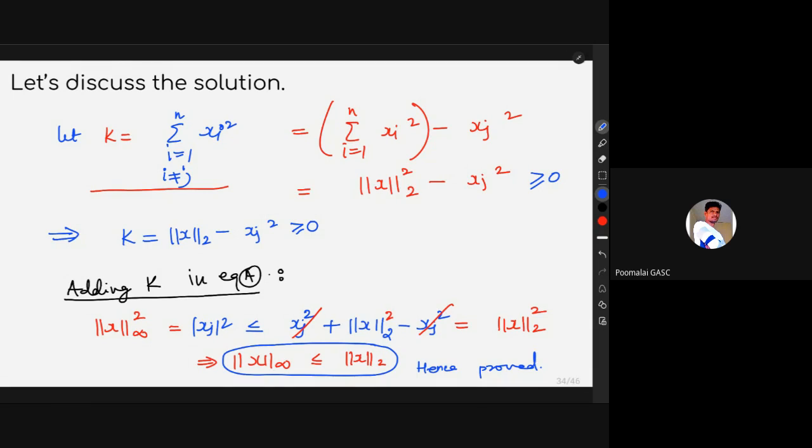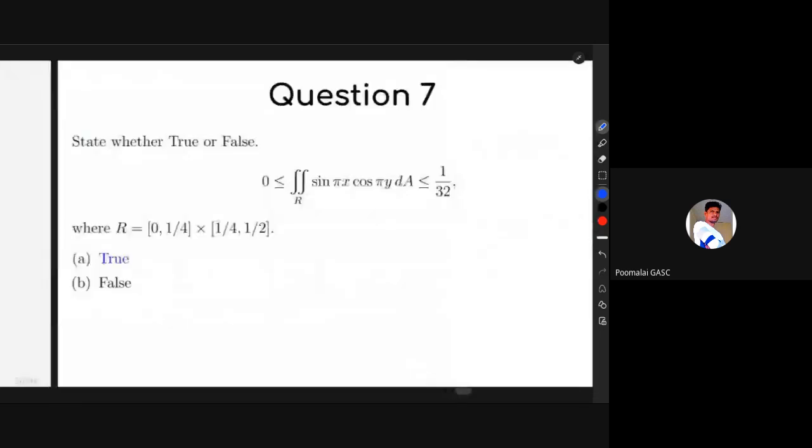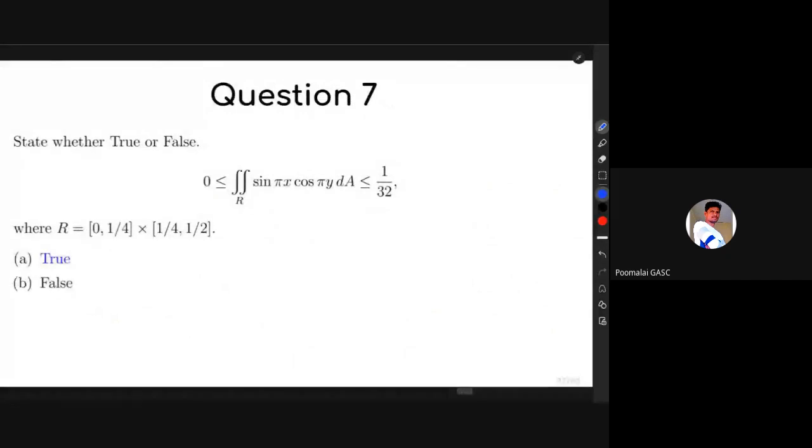So we can now move ahead with this question. This is a bit odd, but this question was remaining in my last assignment discussion, so I put it in this assignment solution. In this question, we need to find out whether this inequality is true or false.